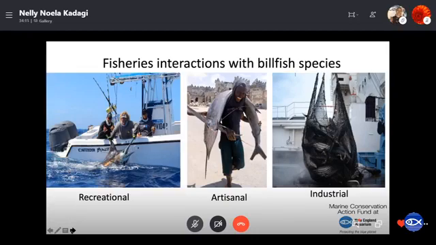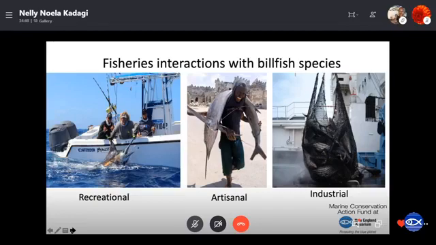And so we are looking at recreational fisheries or sport fisheries, those that are going out to catch for fun or for luxury, artisanal fishers that catch these species for food or as a source of livelihood, and also industrial fishing fleets that target these species either for commercial purposes, especially those swordfish, but also being caught as bycatch most of the time.